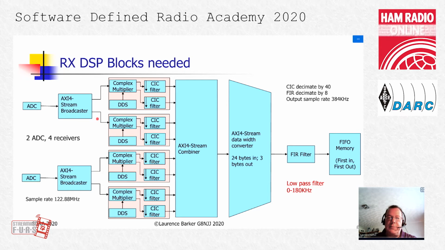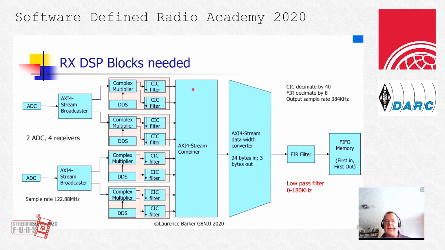You make yourself a simple receiver block with the DDS and complex multiplier and the cascaded integrator comb filters. The CIC filters don't use very many resources, so it's not a problem to have lots of those in your design. And we end up with now 4 pairs of IQ output streams from the CIC filters.